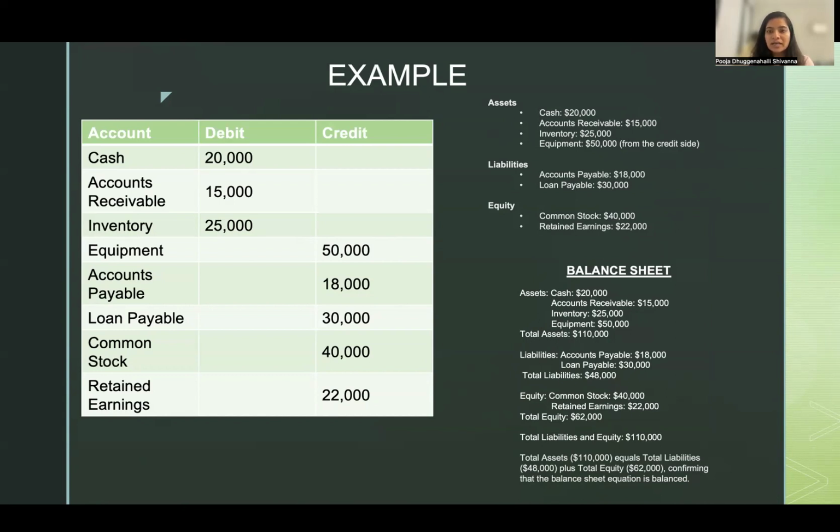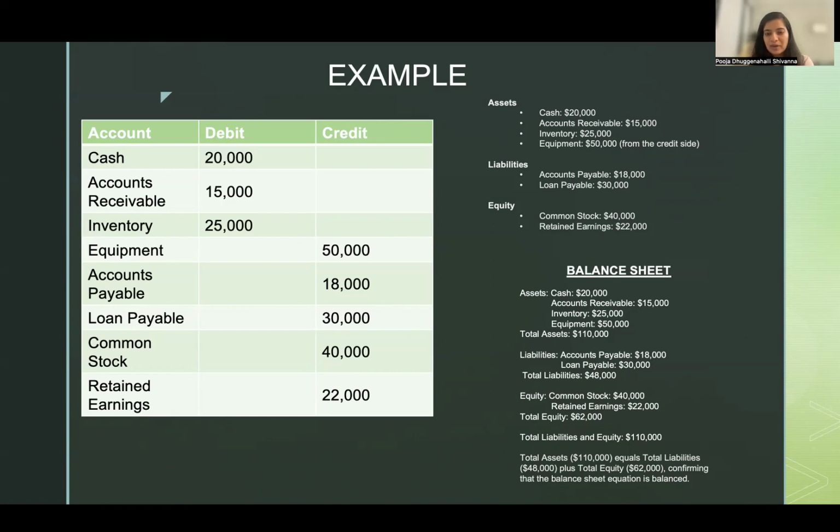So these are all our assets. Coming to the liabilities, one is accounts payable, which is 18,000, and then the loan payable, which is 30,000. Coming to the equity, there is common stock of 40,000, and then the retained earnings from the previous balance sheet, which would be 22,000.